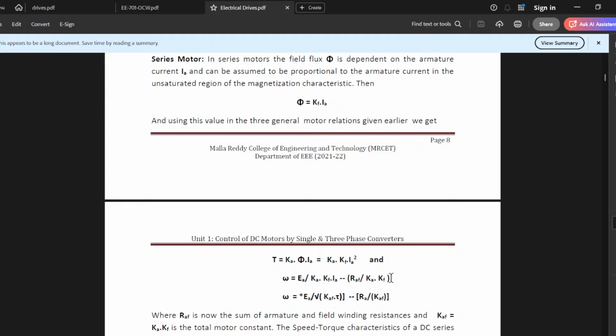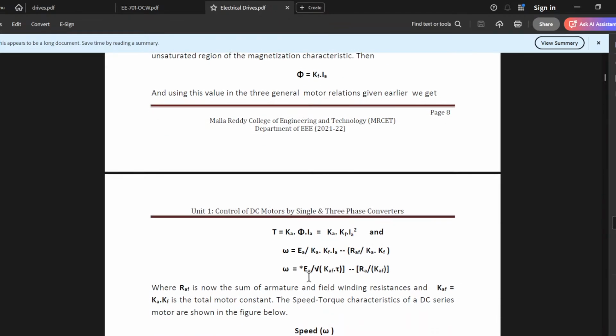So now what is this? E upon root Ka Kf torque minus Ra upon Ka Kf. We have Ka Kf here, and torque is Ka Kf Ia squared, so we need one more Ia squared.